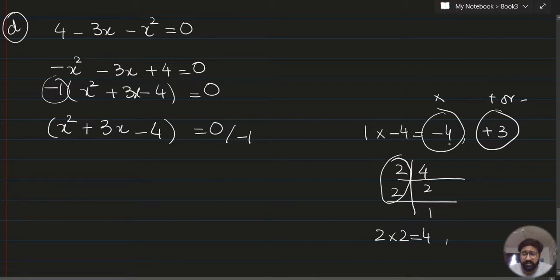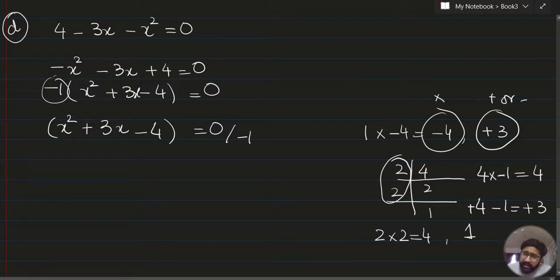And this is one pair, and the other pair can be simple 1. So if I multiply 4 with 1, it is going to give me plus 4, but I need to have a negative 4. So one of these numbers is supposed to be negative, but I'll decide it with the other one. 4 and 1, if I subtract, plus 4 and minus 1, I am going to get plus 3.